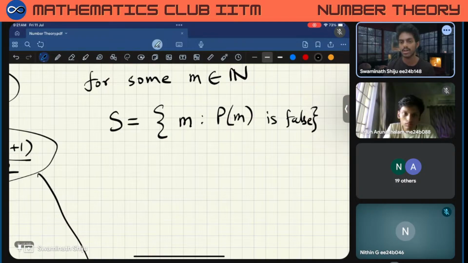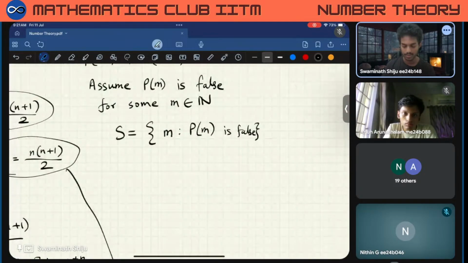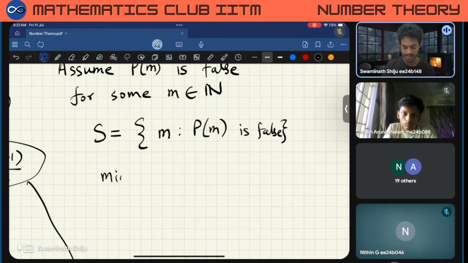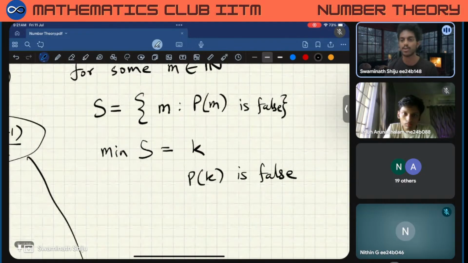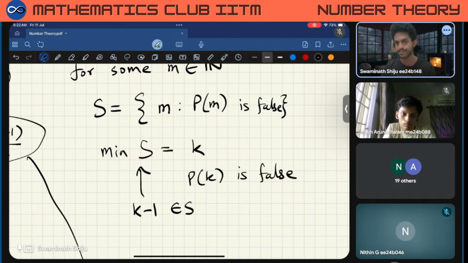And so we can find the minimum of S. Let's call this k. So we know Pk is false. Now I want you to think about what about k minus 1. This argument you have to listen to very carefully. If k minus 1 belongs to S, then this is a contradiction.